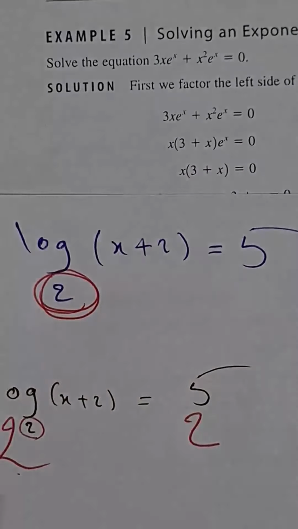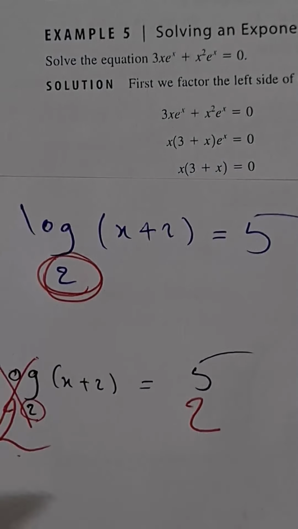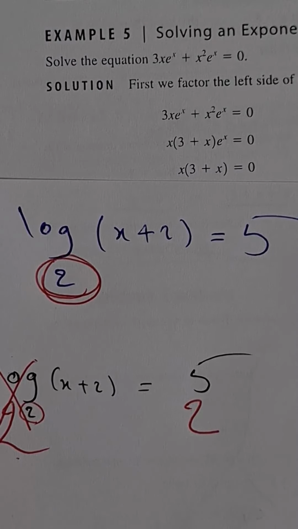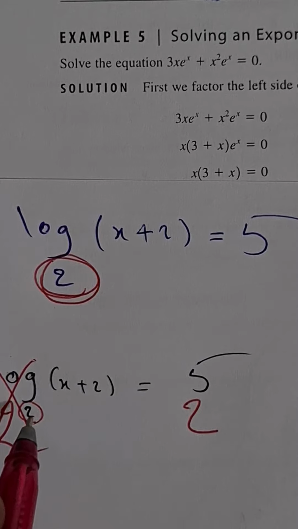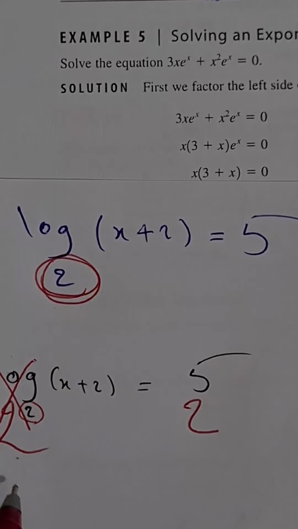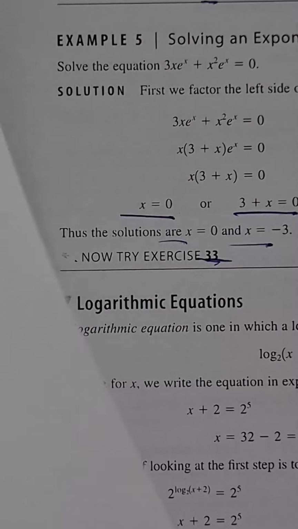You know this exponent with the log, they eliminate each other because they are inverses of each other. So I will get x plus 2 is equal to 2 to power 5, and you know 2 to power 5 is equal to 32.